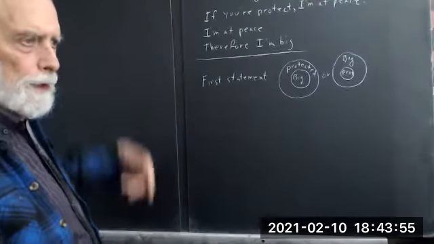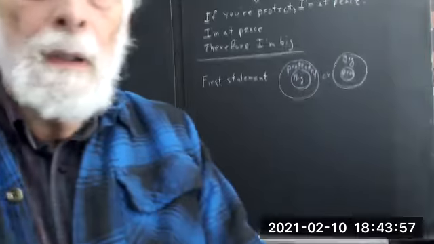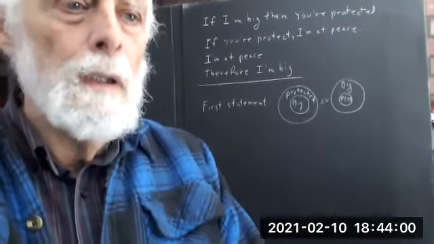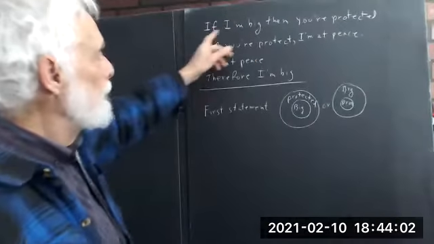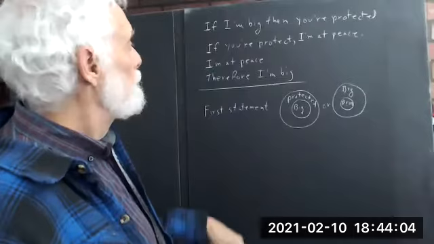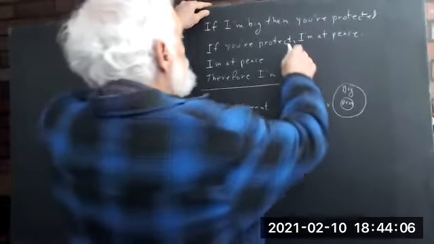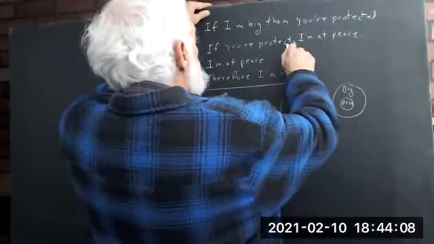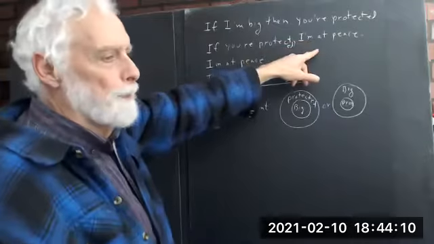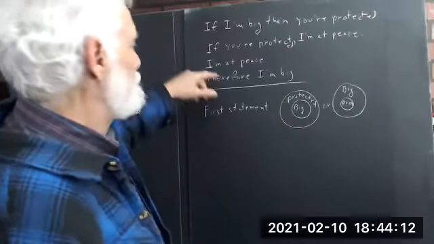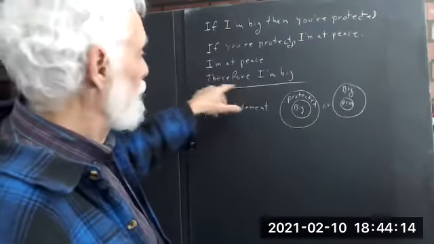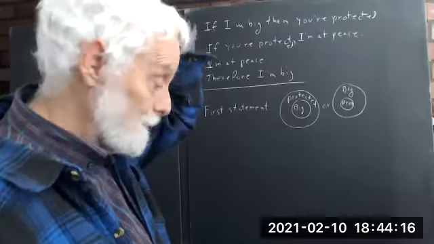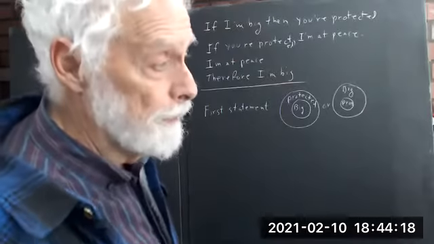Okay, let's consider an argument now. The argument is, if I'm big, then you're protected. If you're protected, I'm at peace. I'm at peace. Therefore, I'm big. Now, does that argument seem about right to you?